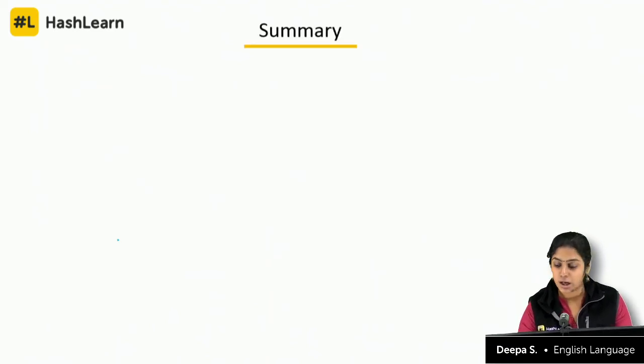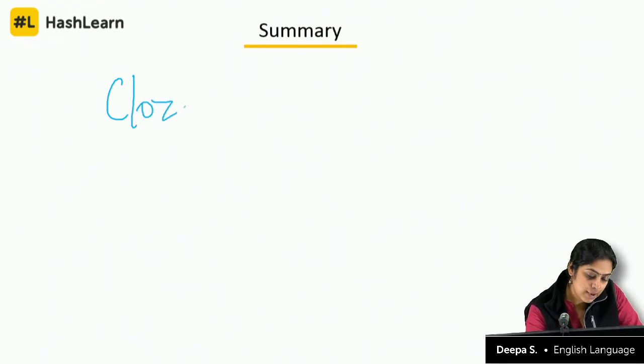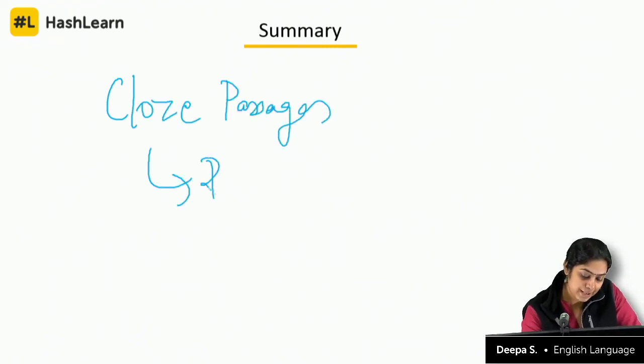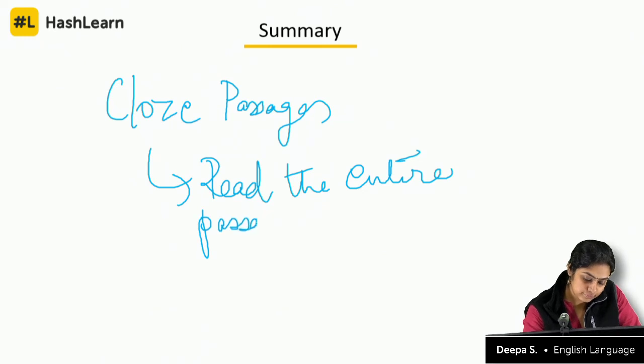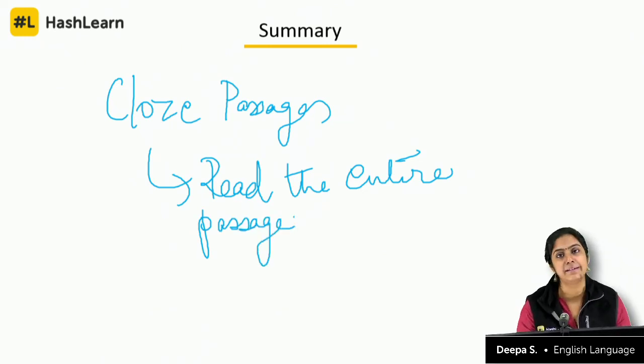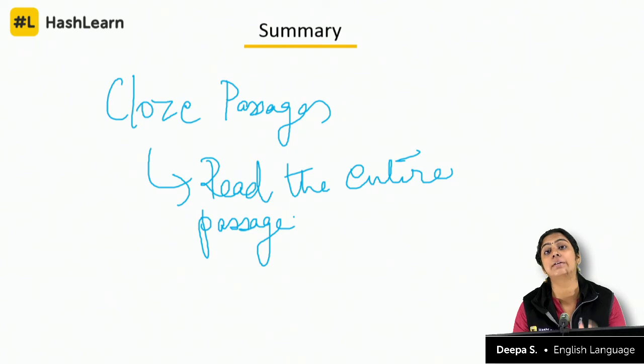So we'll summarize today. We've seen cloze passages, for which you read the passage in its entirety with the blanks, of course, and then take a call on what can appear in these blanks, then go to the options and fit in what goes where.